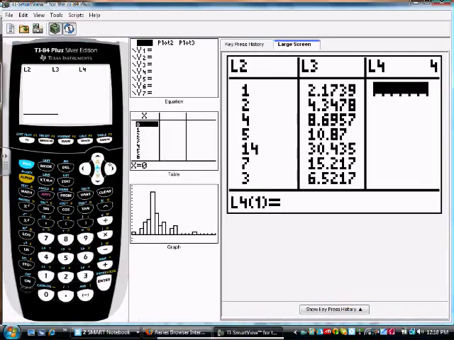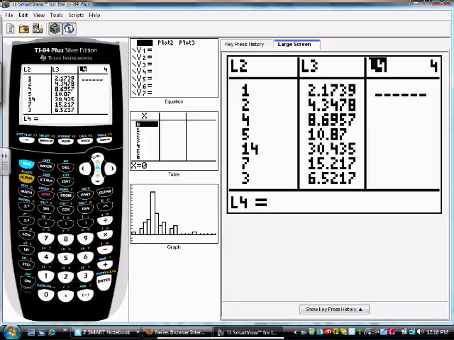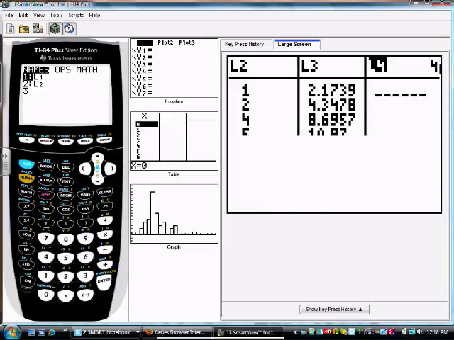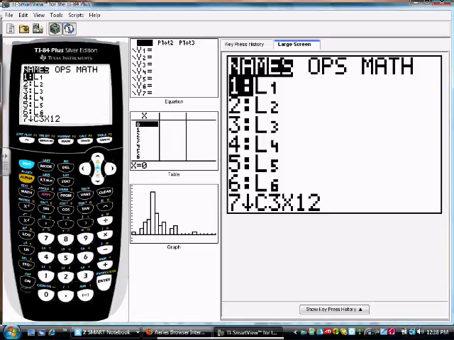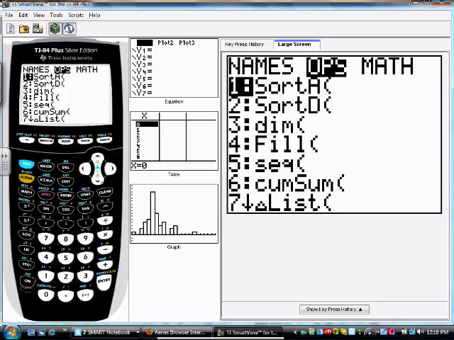Let's go over to list 4. Clear it out if you're not already cleared. And I think it's in the list commands. Ops. Ooh, number 6. We pronounce that word cumulative sum, and I'll not have you pronounce it in any other way.